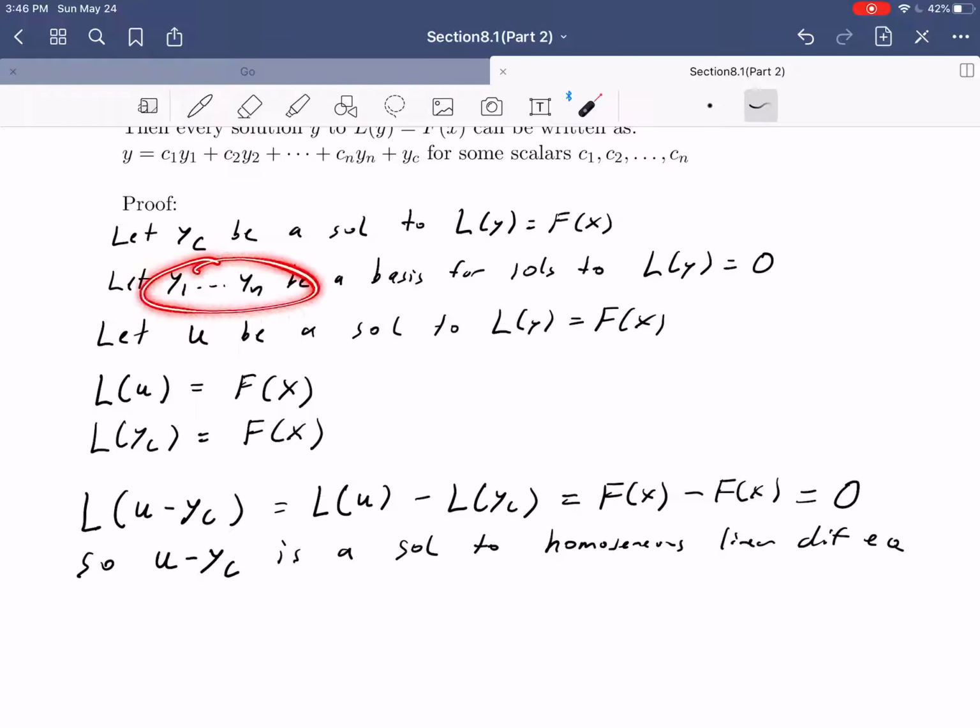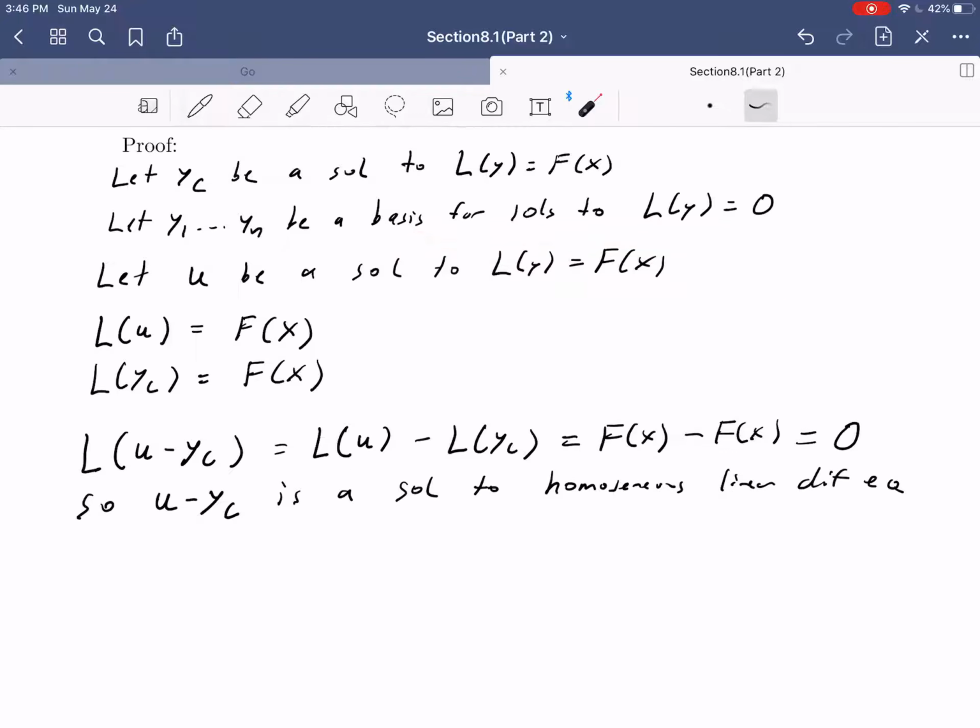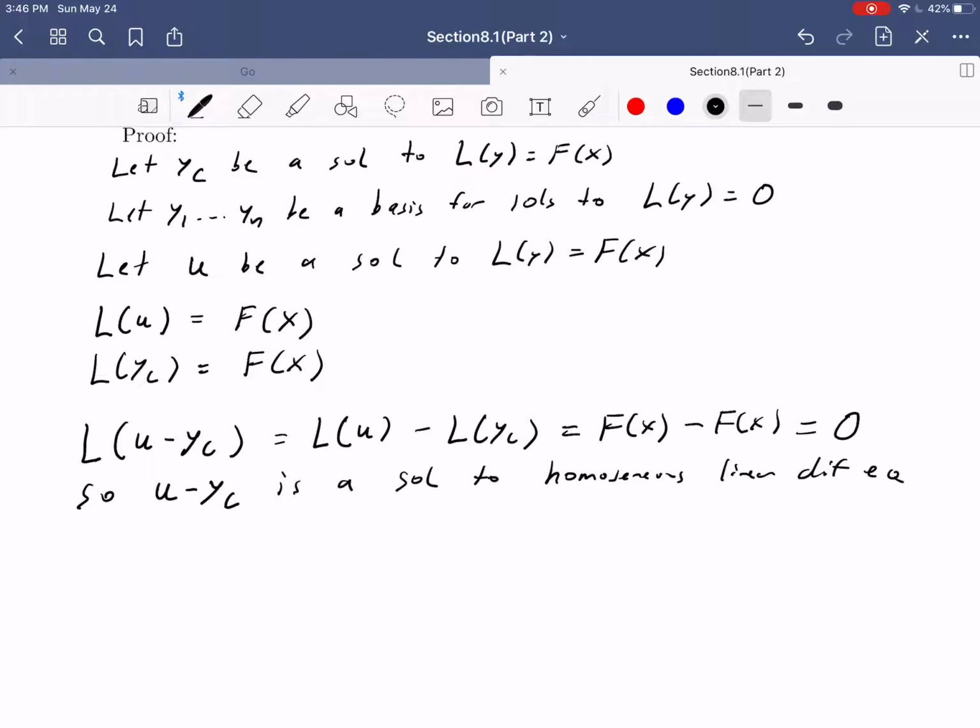But remember, y1 through yn is a basis for the homogeneous solution space. So there exist c1 through cn such that u minus y sub c is equal to c1 y1 plus c2 y2 plus ... plus cn yn.